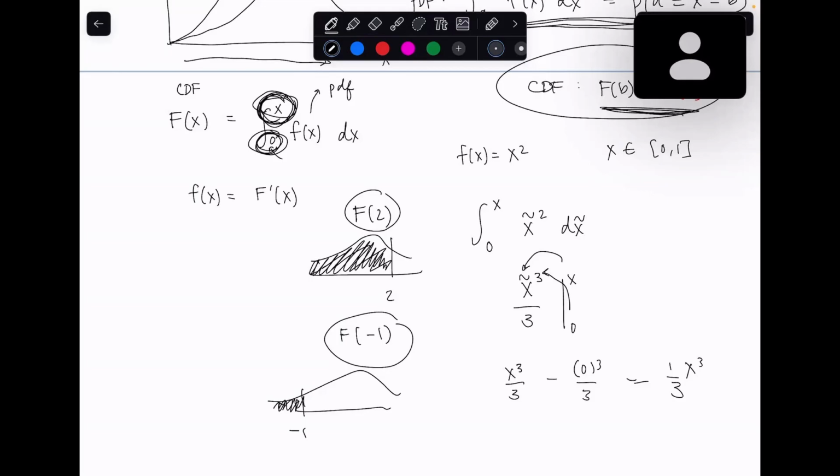With some of the other examples, are they going to be asking for other stuff, like when we need to find the mean? Is that going to be with a PDF? Yes, for sure, and we'll go through that too.